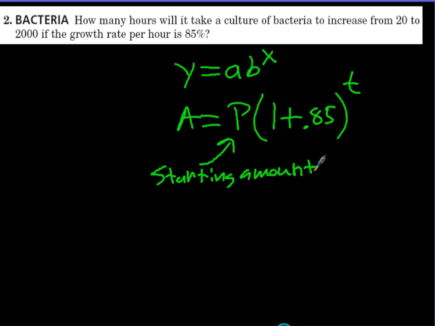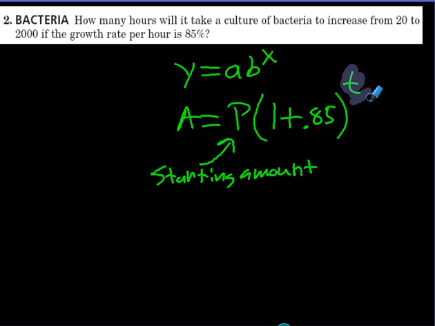Doesn't matter if it's the starting amount of money you invest, the starting population, starting number of bacteria, whatever it is, right? Because if you think about it for a second, when t equals 0, then 1 plus 0.85 raised to the t becomes 1, and so I just get P.